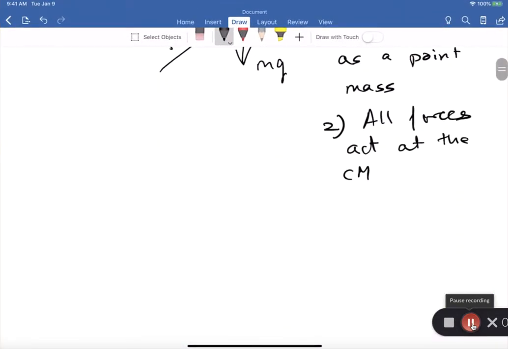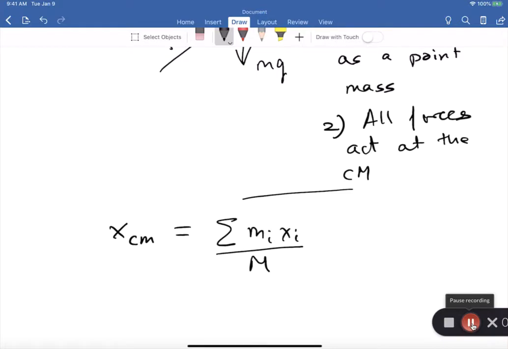So the formula for the center of mass was: the x coordinate of the center of mass was given by summation mi xi divided by capital M, where capital M obviously is the total mass of all the particles.